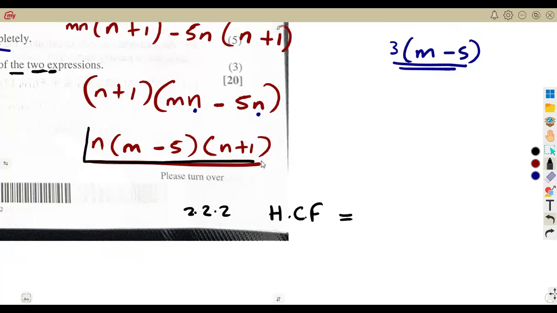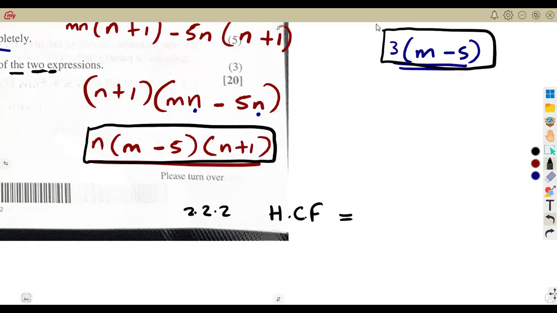You consider the last part, here and here. Do we have anything common? Is it a number outside of a bracket? Is it a term outside of the bracket? Is it a bracket? So we can see that m minus 5 is the only bracket that is common. So that's our highest common factor, m minus 5.